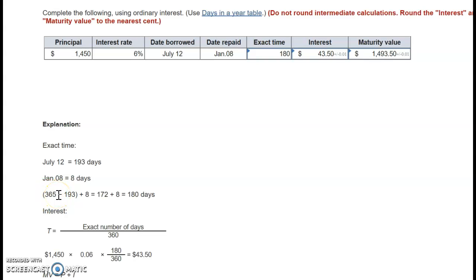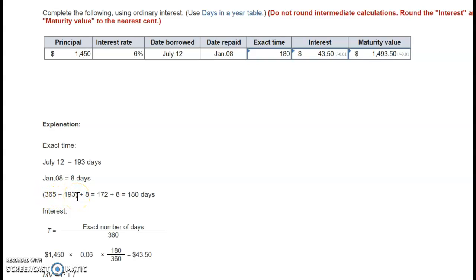So we have to go to the end of the year to calculate how many days we've used in the year from July 12th till December 31st. So 365 minus 193, okay, that's the first portion. And then we add the 8 days that we've gone into January of the next year.